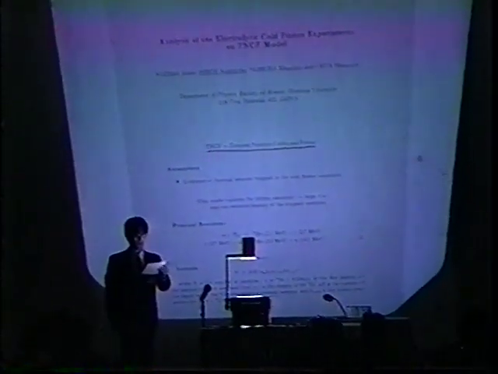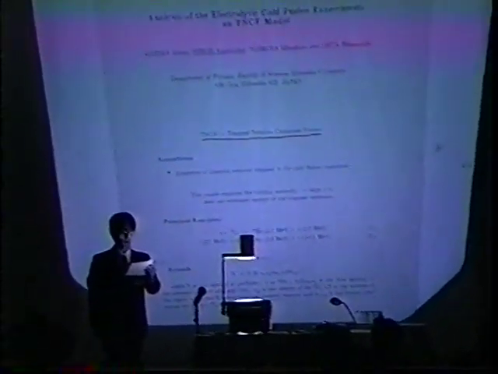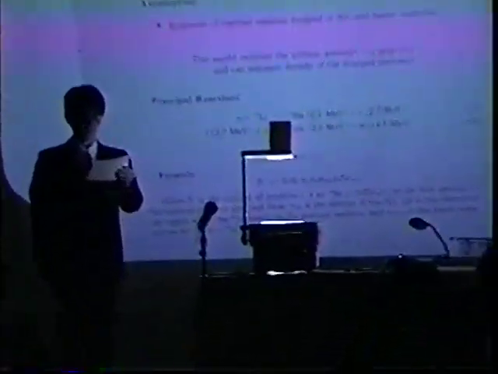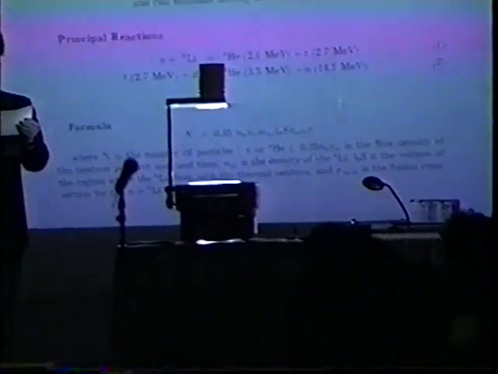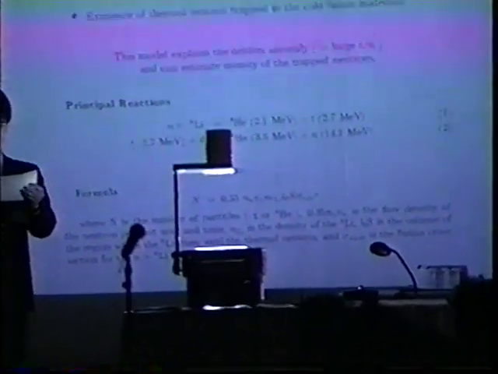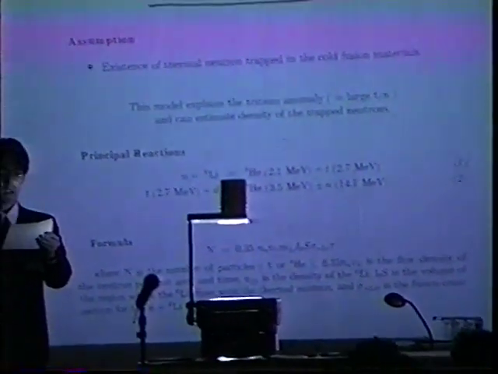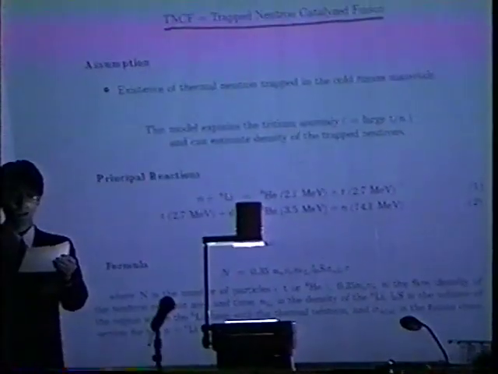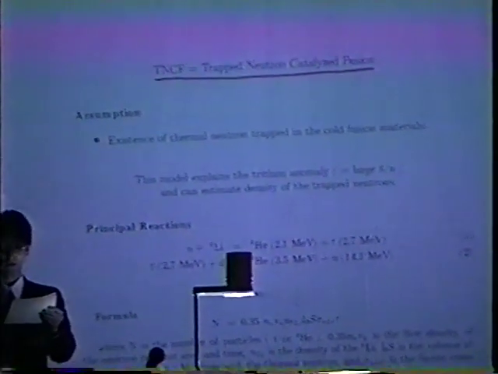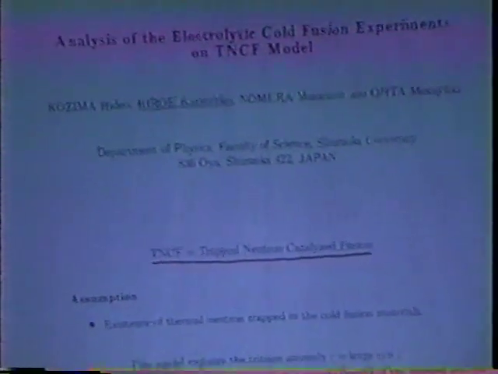There is a strong possibility that the thermal neutron is the origin of the cold fusion phenomenon. We calculated typical experimental data of electrolysis and obtained consistent results, which explain the tritium anomaly, that is, the large ratio of P by N. And we evaluated the neutron density in the materials.